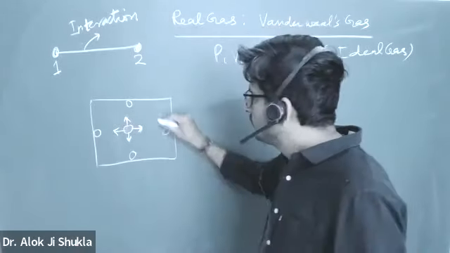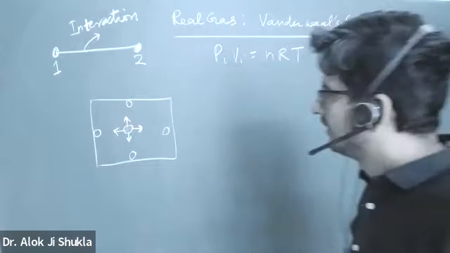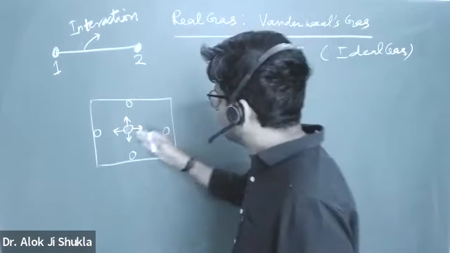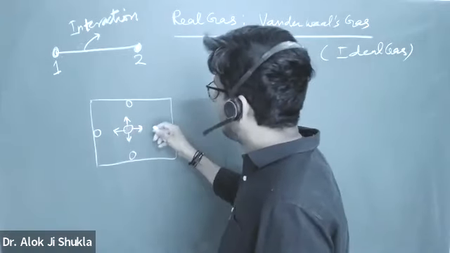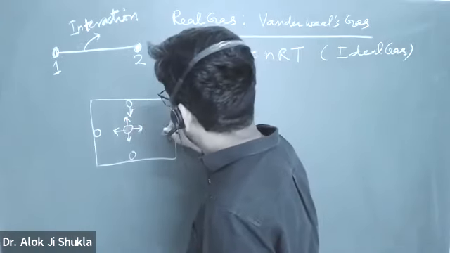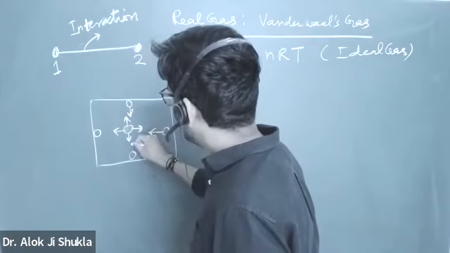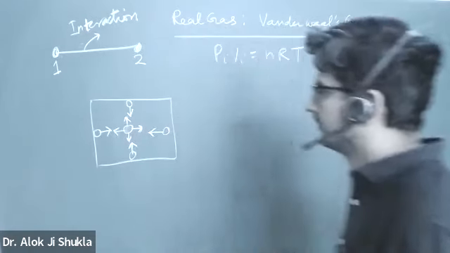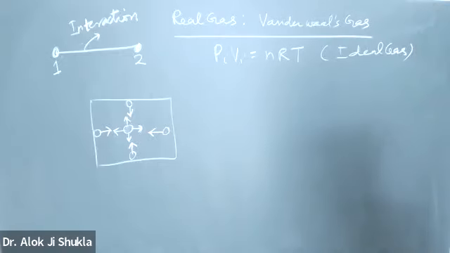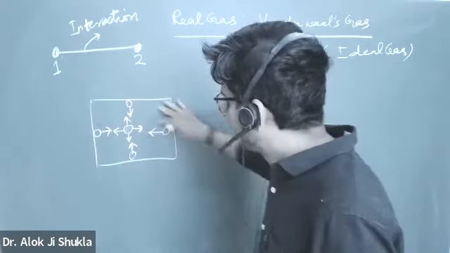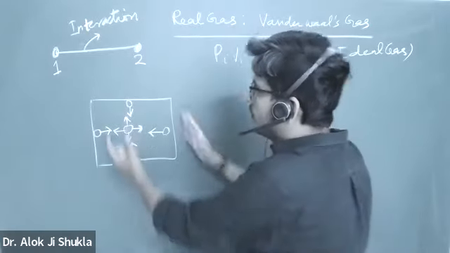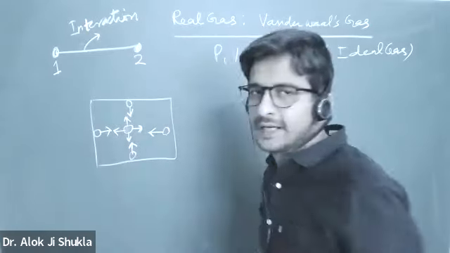But for the molecule at the corner, no other molecule is there to attract it from outside, so the molecules in the bulk will attract it, and it will feel a force towards the center. Because of the molecules present at the vicinity, those molecules are attracted towards the center.